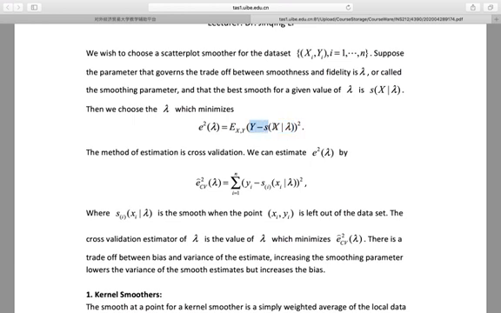So we want the expectation of the square to be as small as possible. So the optimal smoothing parameter lambda is the value such that this expectation is the minimum. The expectation is with respect to x and y, so this is the expectation for this joint random variable.